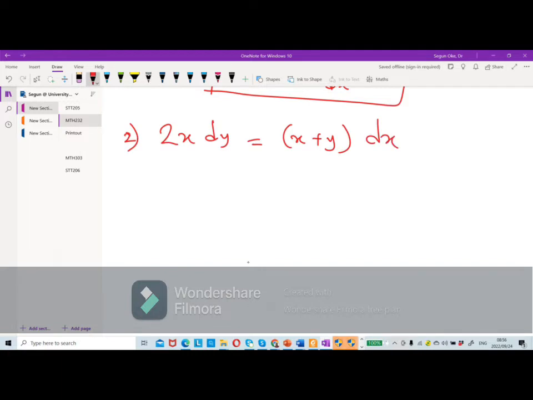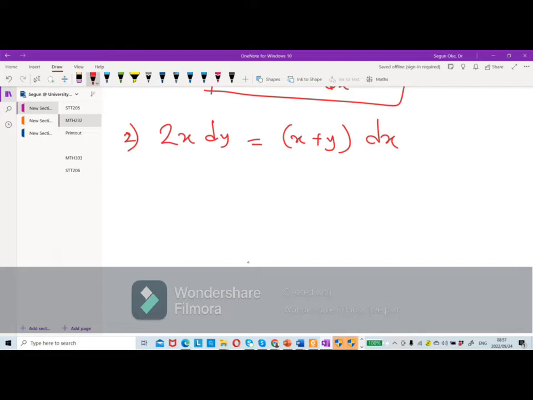So the first thing is we first of all need to separate them. When you separate them, it will help you to be able to solve some of the problems. How do we separate this one?